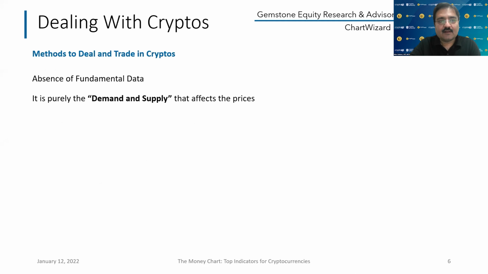So when it comes to dealing with cryptos, unlike stocks, it is something very different. The main way in which cryptos differ when compared with any other asset class is the absence of fundamental data.